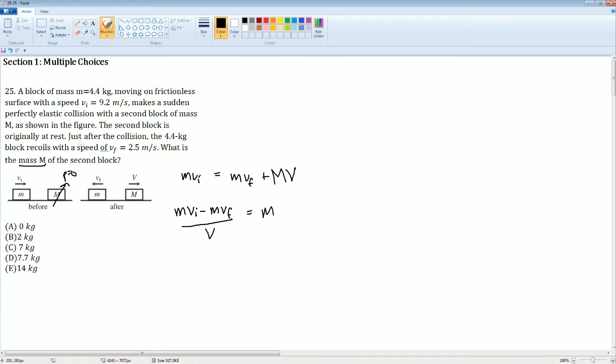The second block is originally at rest, and after the collision, the 4.5 kilogram block recoils. What is the mass of M? Here you could actually compute it out. You will get 7.7 kilograms for its mass.